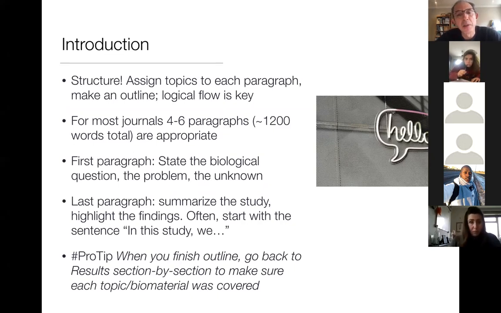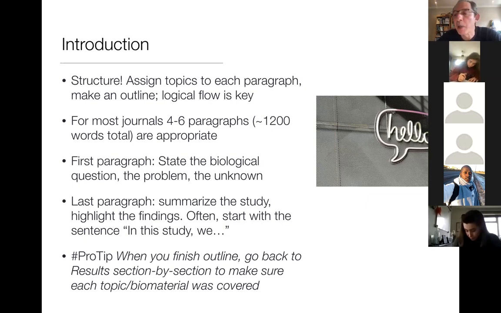Most journals, the format would be an introduction of roughly 1,000 to 1,500 words. Sometimes they're shorter, sometimes a little longer, but it's about that. It's about 4 to 6 paragraphs of 200-300 words each. So what you can do here is assign topics to each of these paragraphs, make an outline, make sure that it flows logically.